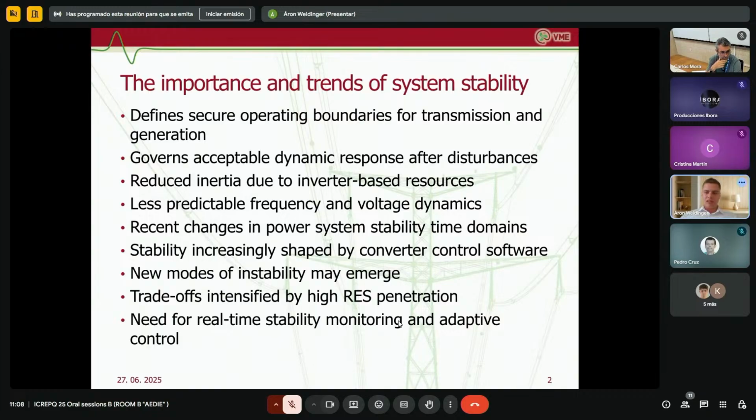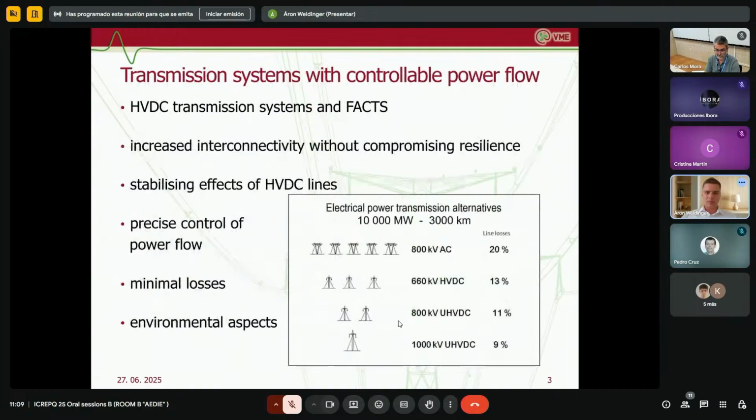This shift has introduced whole new forms of instability. As renewable penetration increases, the trade-offs between flexibility and stability margin become more pronounced. And this underscores the growing importance of adaptive controls and real-time monitoring.